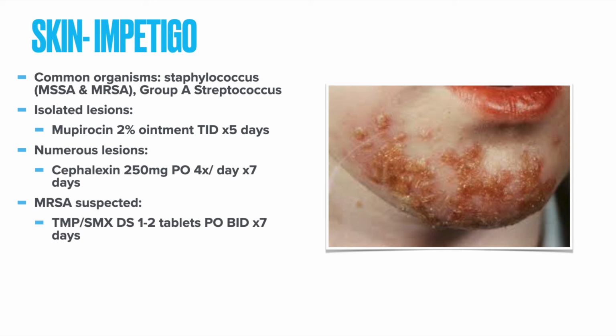So if the lesions are isolated, topical mupirocin is going to be first-line treatment. However, if there are numerous lesions present, then a systemic antibiotic is indicated, first choice being cephalexin. However, remember, of course, again, if MRSA is suspected, then we go back to Bactrim. That's going to be your first-line choice for when MRSA is present.